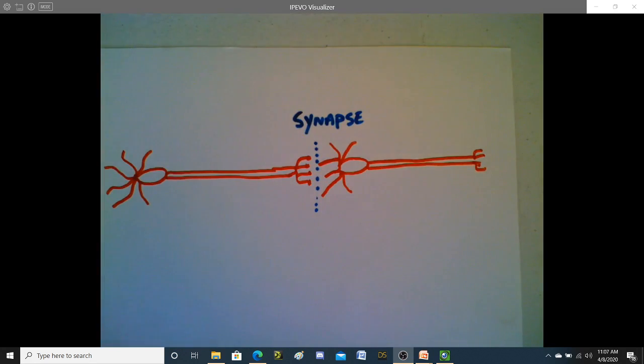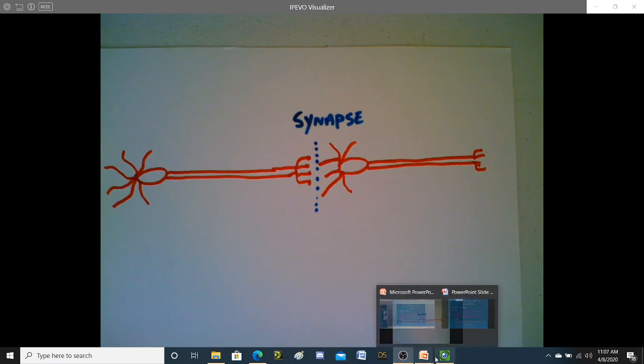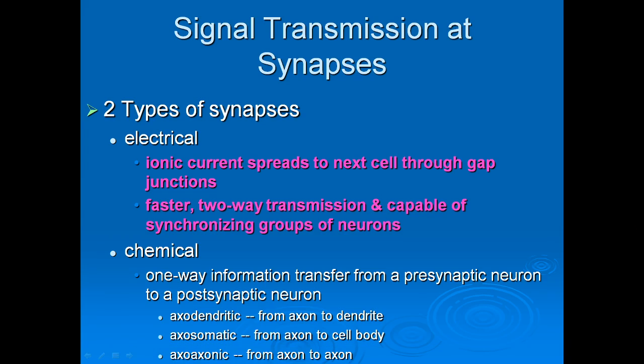All right. Now, in our nervous system, we have two kinds of synapses. We have a chemical synapse and we have an electrical synapse. Electrical synapses involve an action potential flow, a current flow.